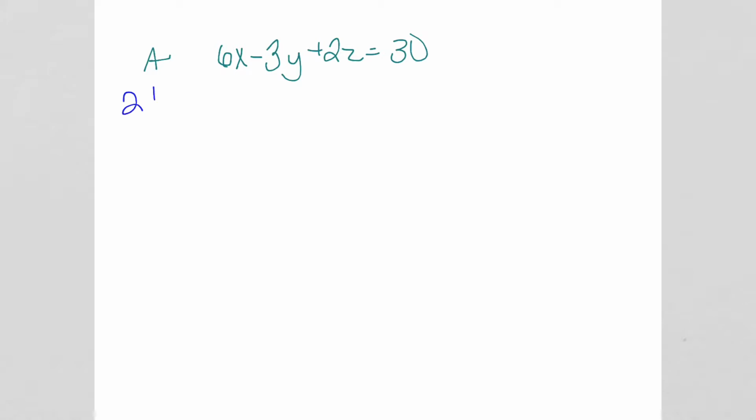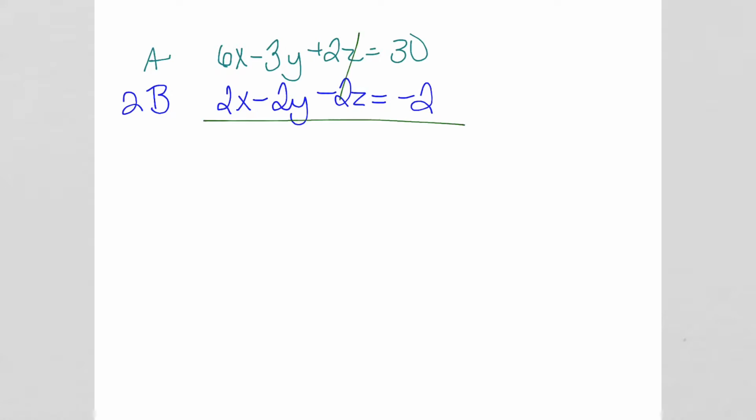And then we're going to do 2 times B. That gives us 2x minus 2y minus 2z equals -2. Add. So we have 8x minus 5y equals 28. So there's our first equation.